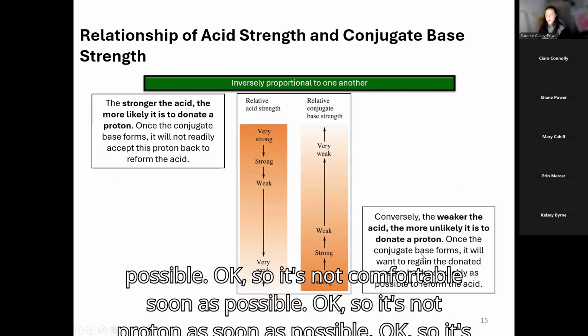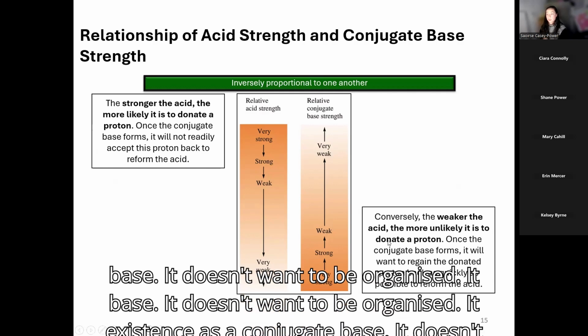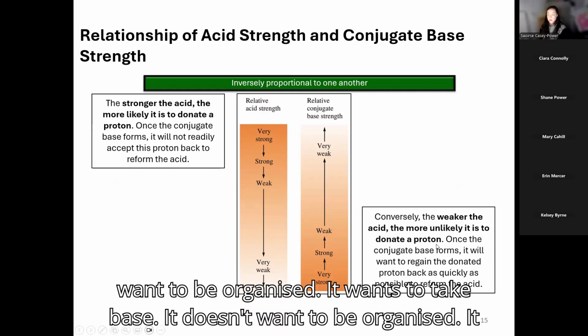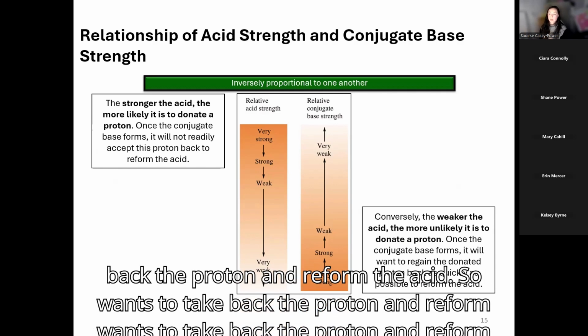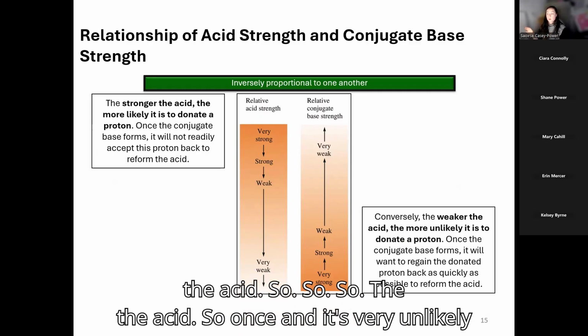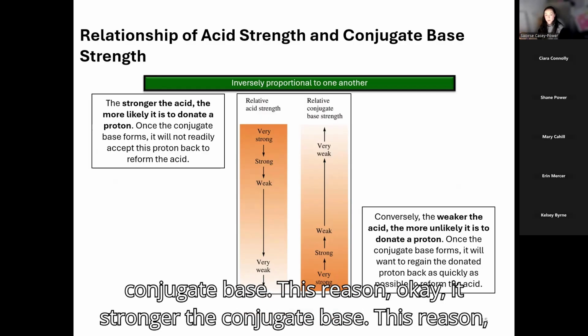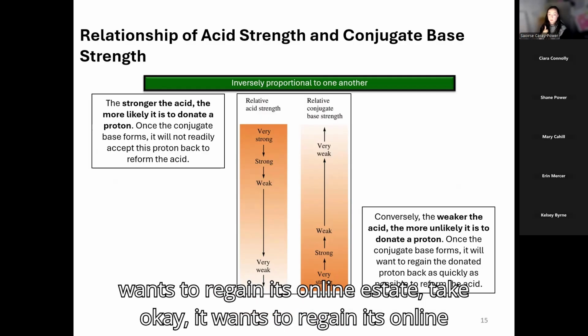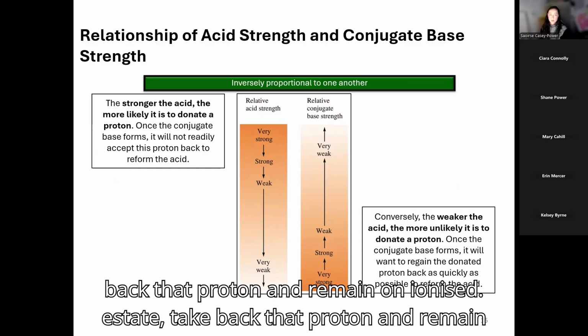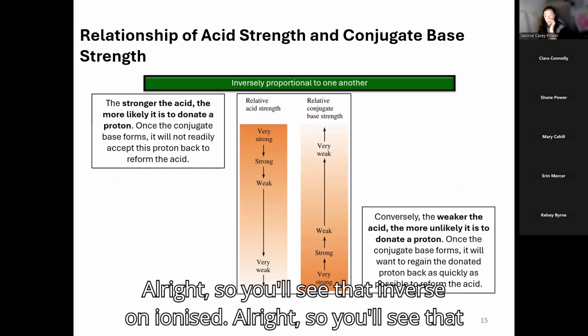It's not comfortable existing as a conjugate base. It doesn't want to be ionized. It wants to take back the proton and reform the acid. So the weaker the acid, the stronger the conjugate base for this reason. It wants to regain its unionized state, take back that proton, and remain unionized.